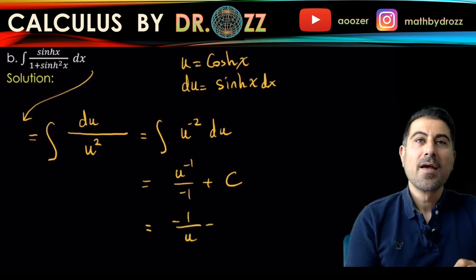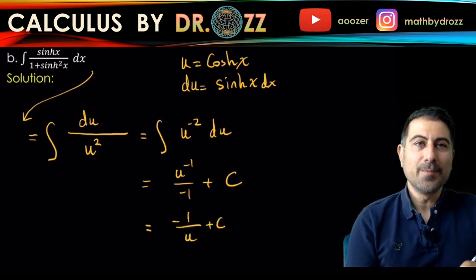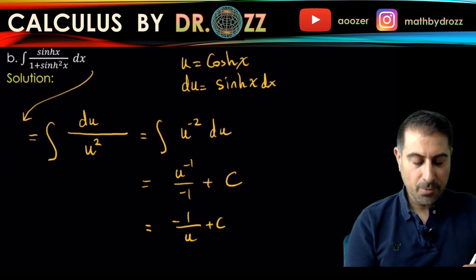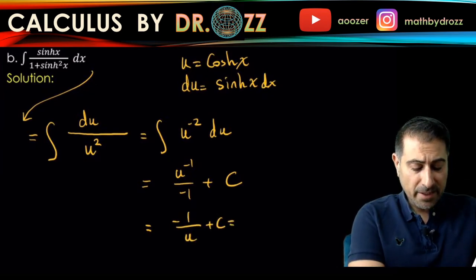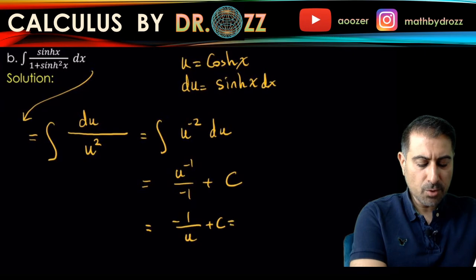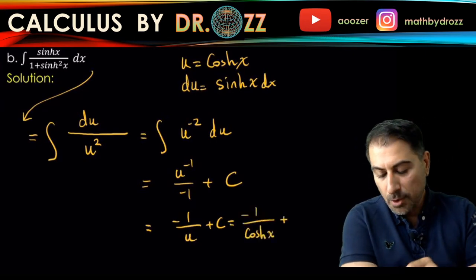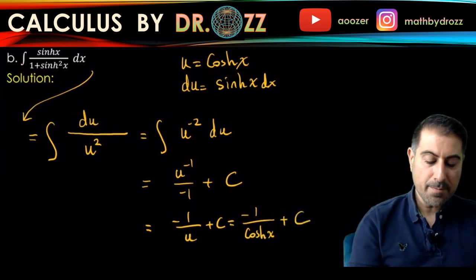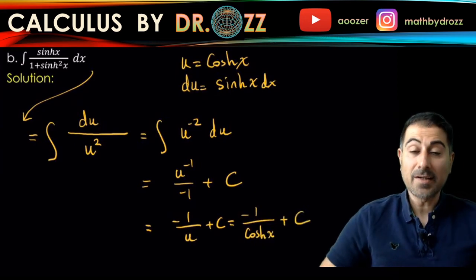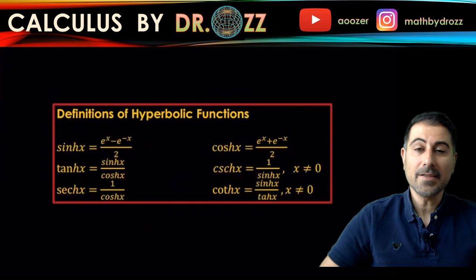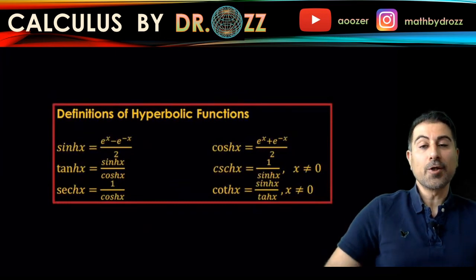Going back to the u formulation, if you back substitute u, we have minus 1 over cosine hyperbolic x plus c. And at this moment, you may remember the definition of secant hyperbolic x. That is 1 over cosine hyperbolic x.